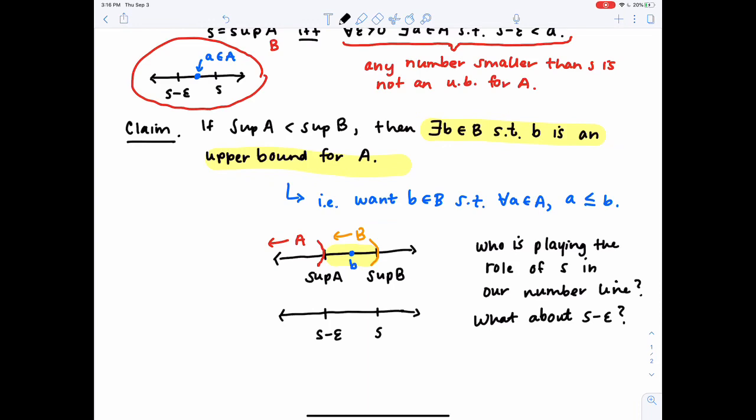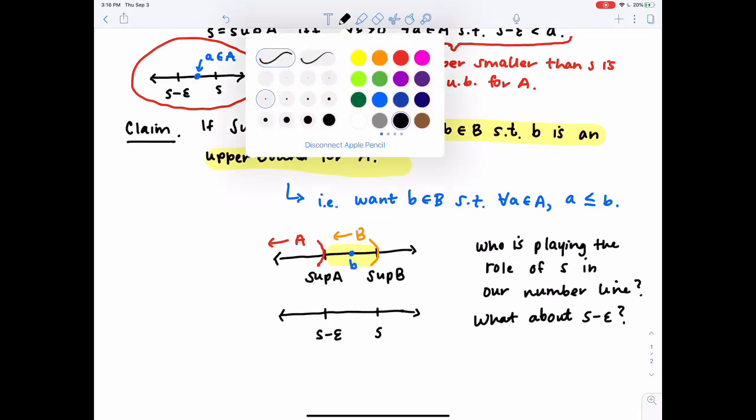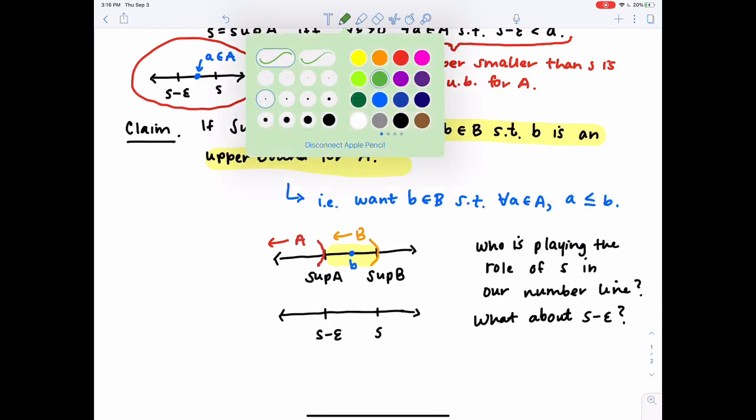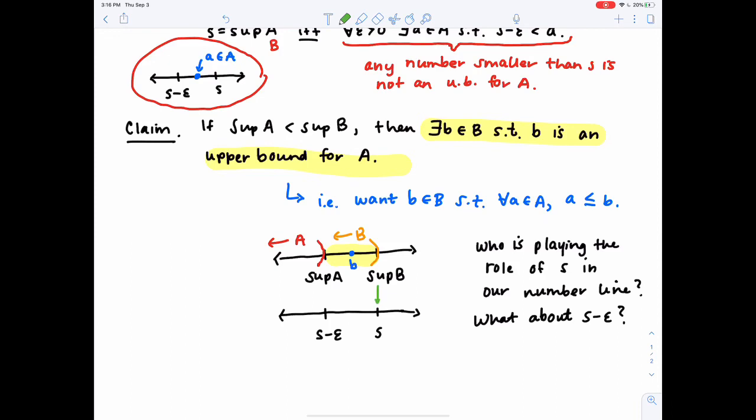When you have these things lined right up above each other, it becomes clearer to see that sup B is playing the role of s, and s minus epsilon is sup A.